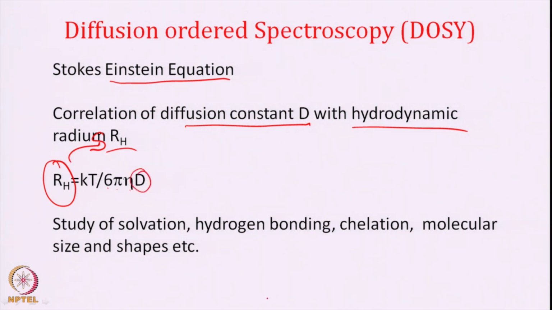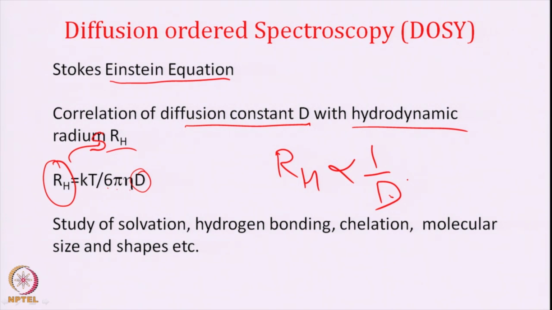One can see that D and R are inversely correlated. So, R_H is inversely proportional to D. If D is high, that means R is low, and if D is small, R is more.